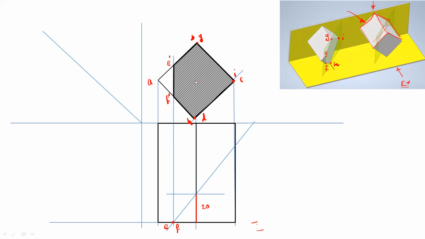Now to draw the side view, you should observe from the right side.